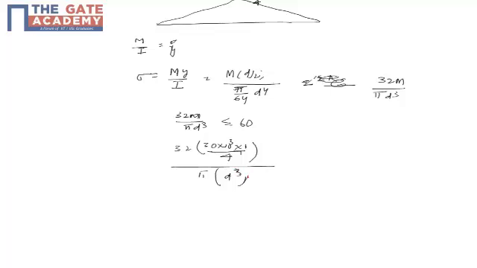This has to be less than 60 MPa. So we get the diameter in mm directly. Calculating this, we get a diameter of 108.3. Everything is known, you only need to calculate here.